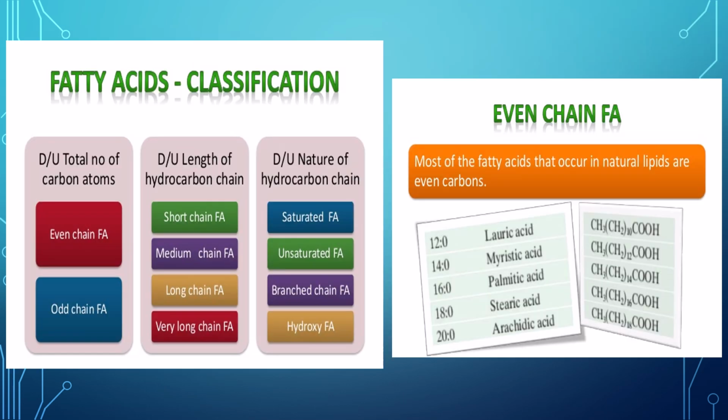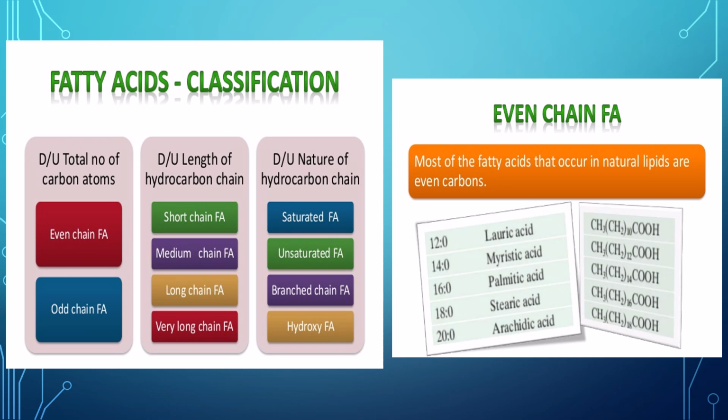Fatty acids are classified on various bases: depending on the total number of carbon atoms, depending on the length of the hydrocarbon chain, and depending on the nature of the hydrocarbon chain. On the basis of total number of carbon atoms, they can be even chain or odd chain. Depending on the length of the hydrocarbon chain, they can be short chain, medium chain, long chain, and very long chain fatty acids.